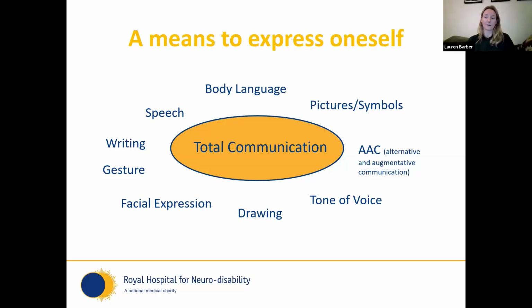So there's a whole world of communication outside of just speech that we use. And all of these things together, we call total communication. And if someone has got an impairment in one of these areas, then part of our job is to teach them how to communicate as best as they can in other ways, using a combination of any of the modes that they have available to them.